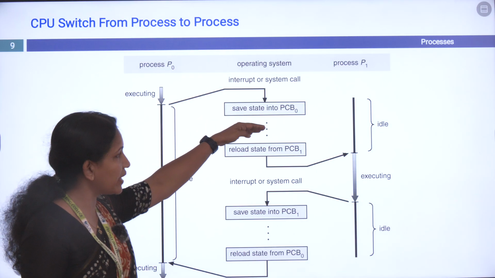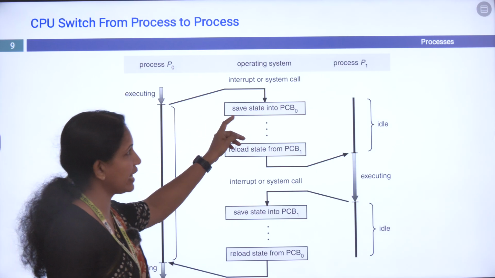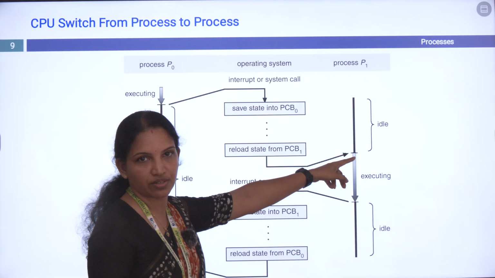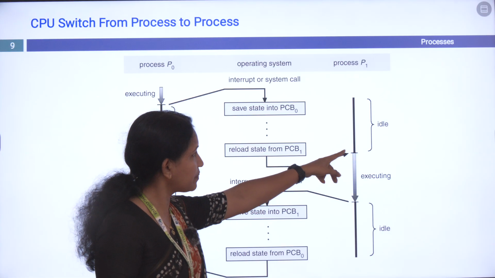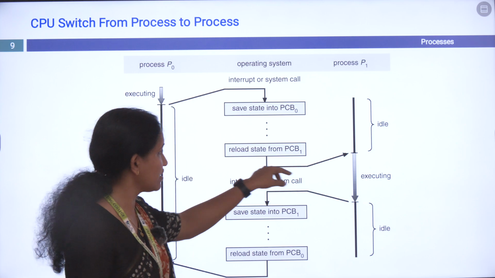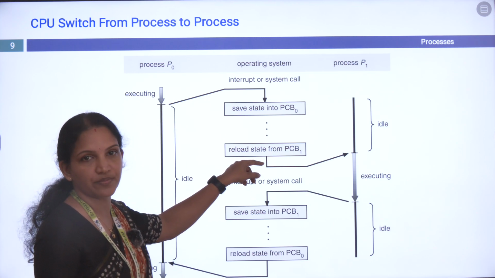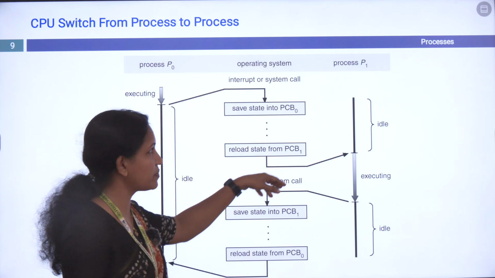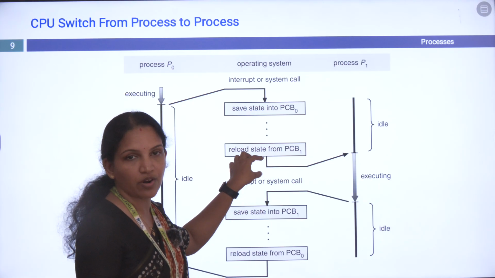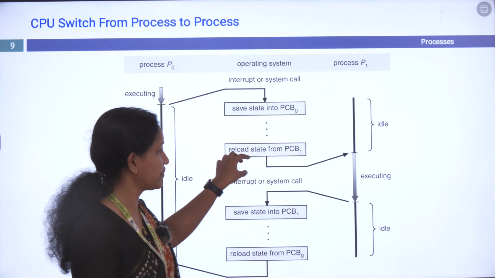Then after completing the interrupt service routine, P1 can start execution. Once P1 starts execution, PCB 1 will be loaded into main memory. Since P1 is executing, PCB 1 should be in memory.